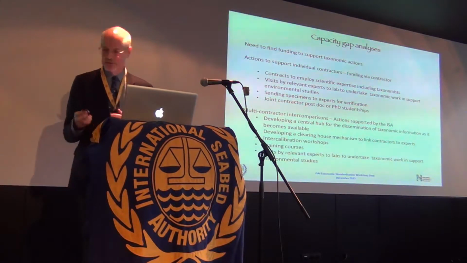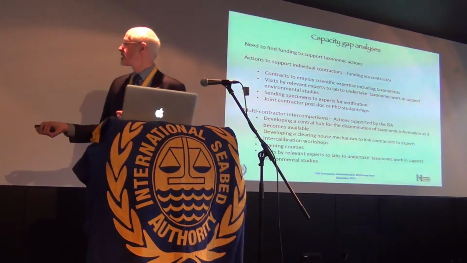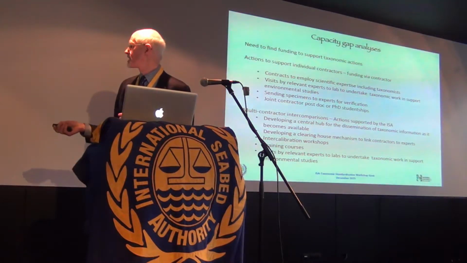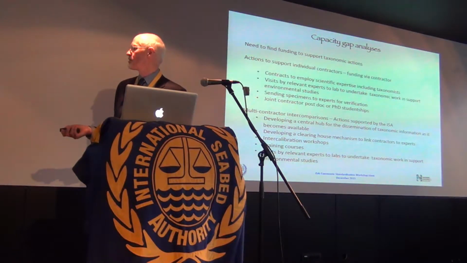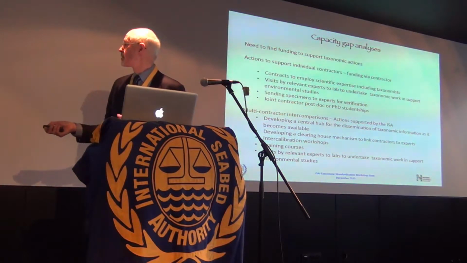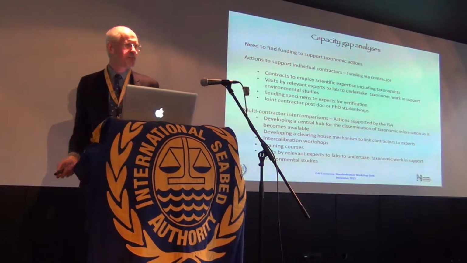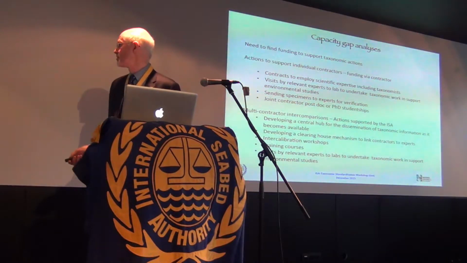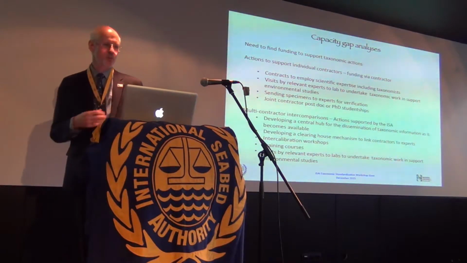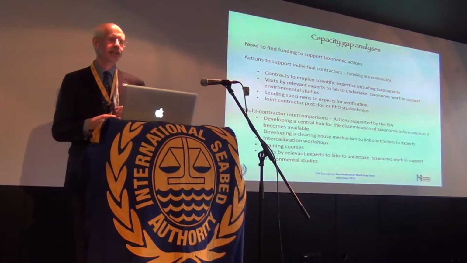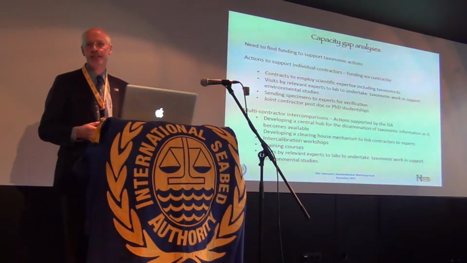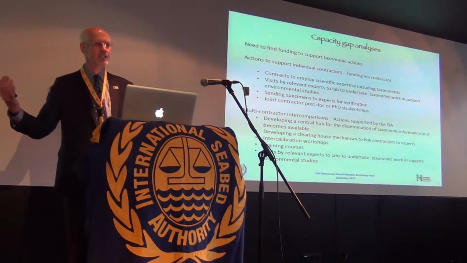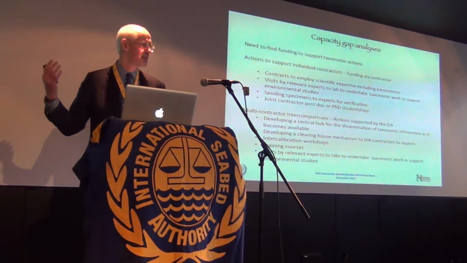Something to think about. Then there are multi-contractor inter-comparisons. These are actions that might be supported through the ISA or through ISA working with various other organs. We develop a central hub for the dissemination, perhaps a website or something similar. Develop a clearinghouse mechanism where it's a bit like speed dating. On one side you have the taxonomic experts, and on the other side you have the people who want taxonomic expertise.